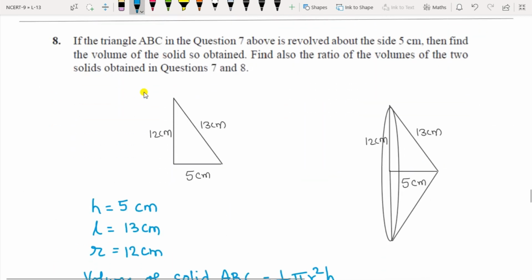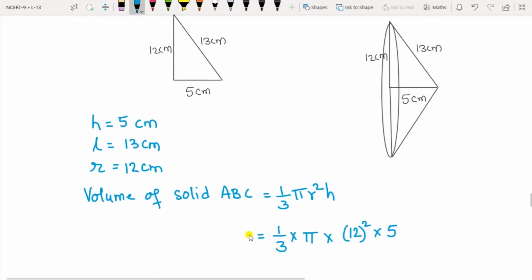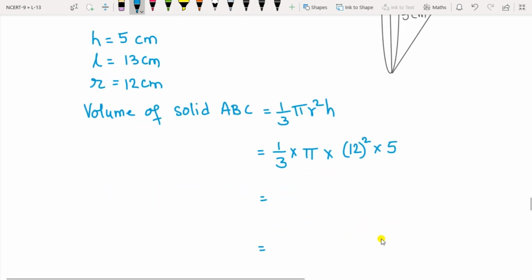Okay. Similarly, same figure, then it is revolved around the length 5 centimeter. So the figure becomes like this. Now here the height is 5 centimeter, radius becomes 12 and slant height is 13 only. According to the given instructions, you have to draw the figure, so accordingly the number changes. Now in this case, it will be 1 upon 3 into pi into 12 into 12 into 5.